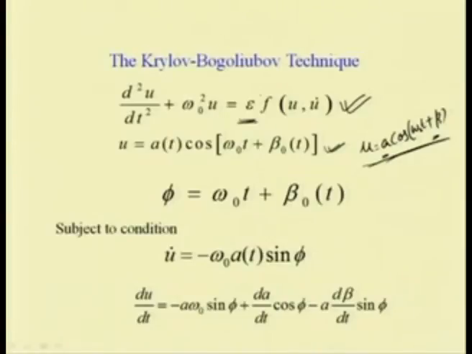So, one can take omega 0 t plus beta(t) as phi. So, one can write u equal to a cos phi, where a and beta are functions of time.